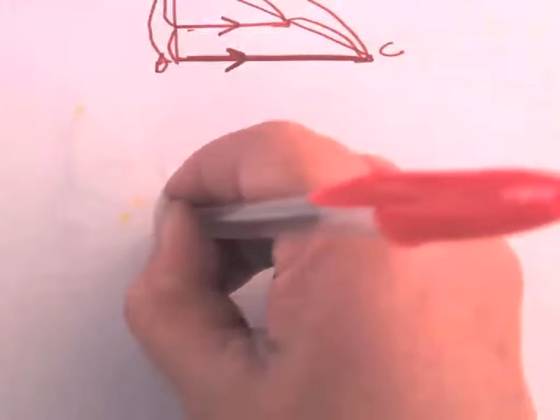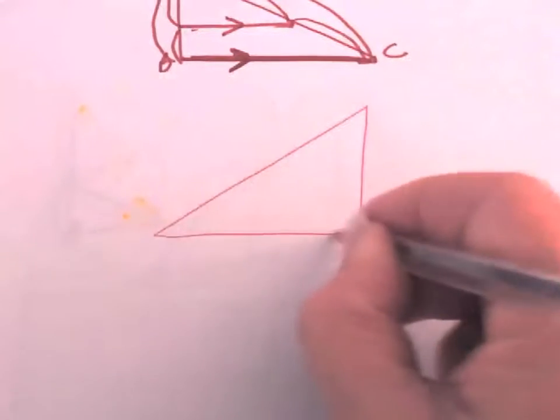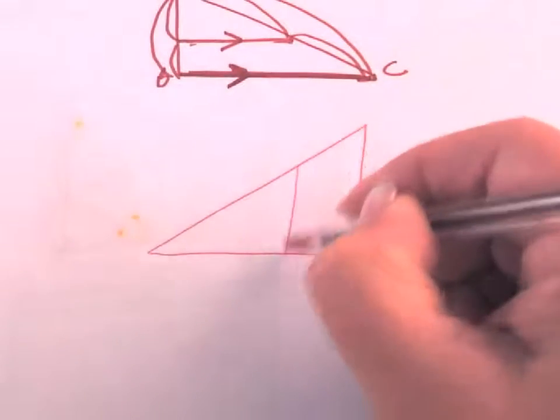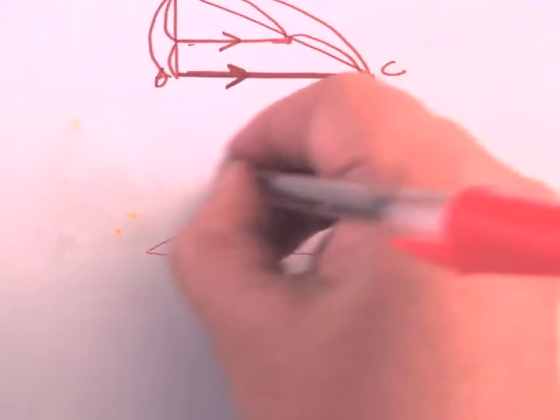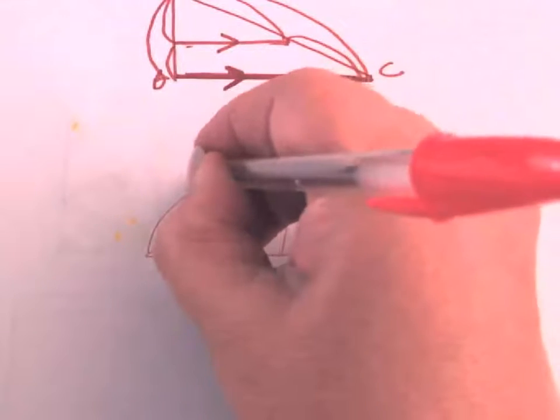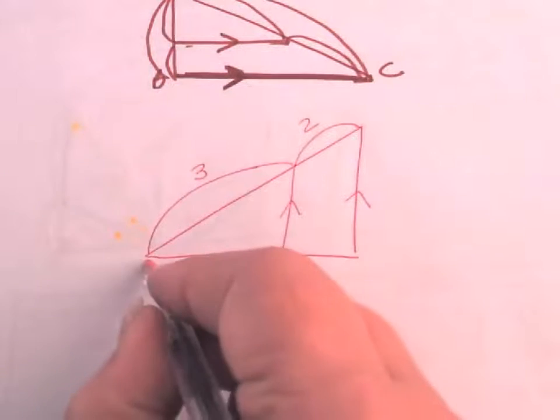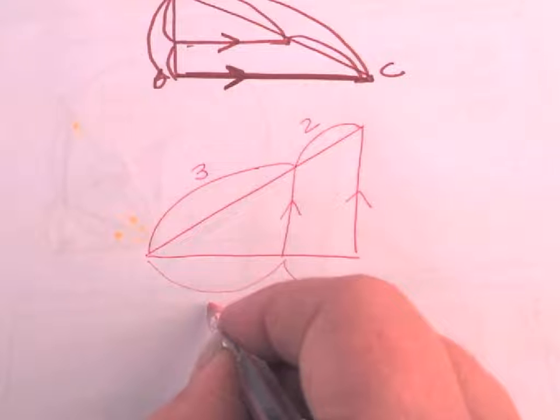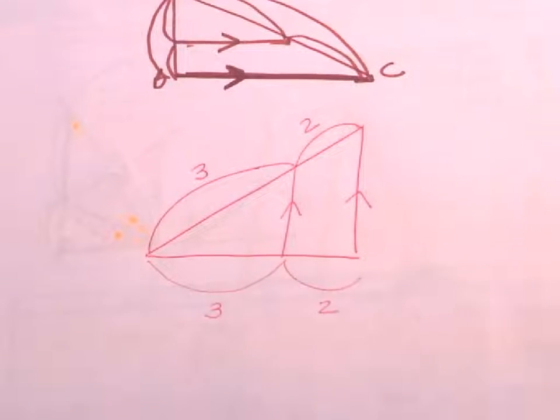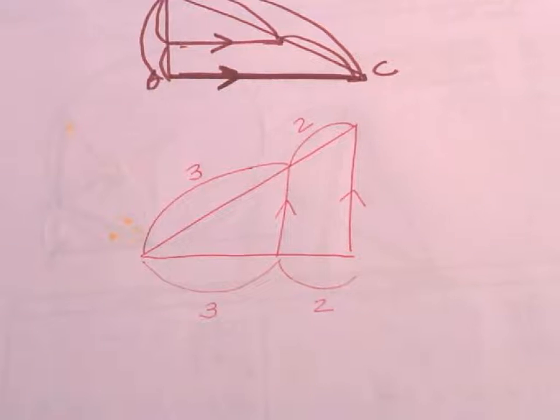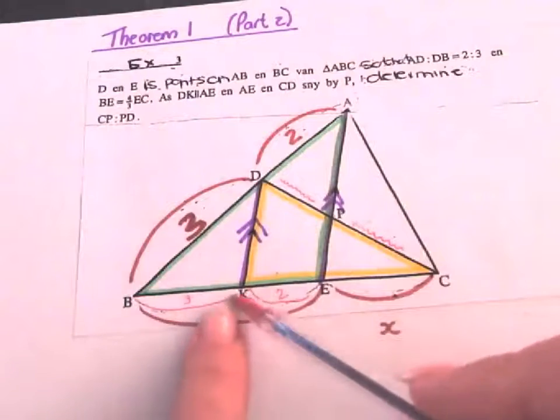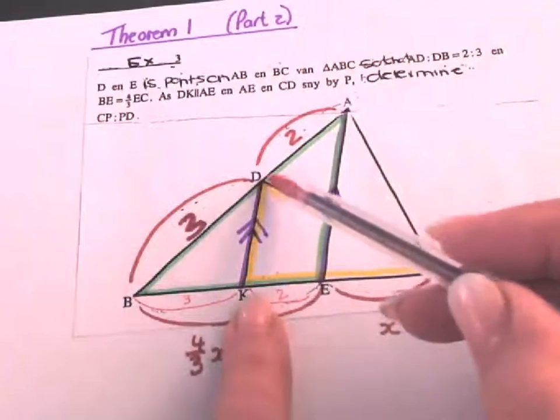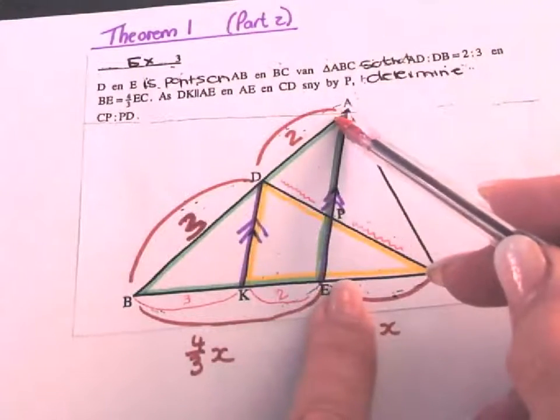If we have a triangle with parallel lines, and I say the proportion of those two are 2, 3, what will the proportions be on this side? The same, 3, 2. Yesterday's theorem. Okay, are you with me? So that's why I say this part is also 3 and that part is also 2.